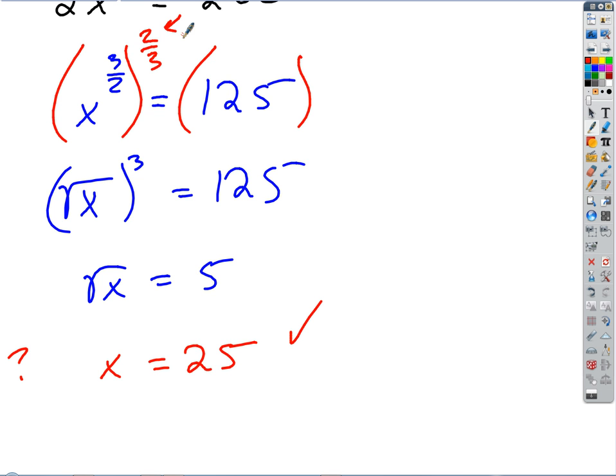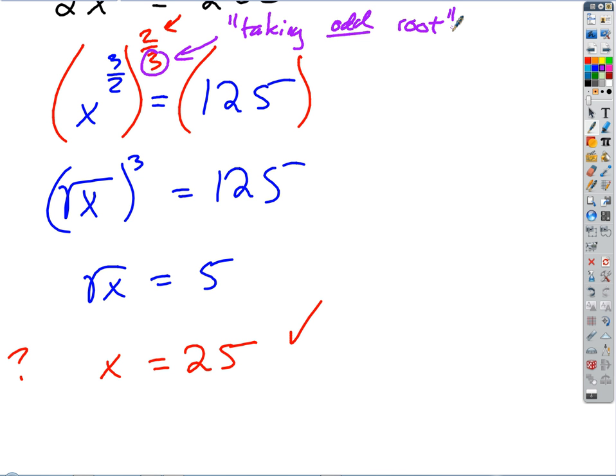But there's another element here too. Are we taking an odd or an even root of both sides? Everybody see it's odd? The fact that we're taking this to a 1/3 power means we are taking an odd root. So all the baggage that goes with that, we have to consider.